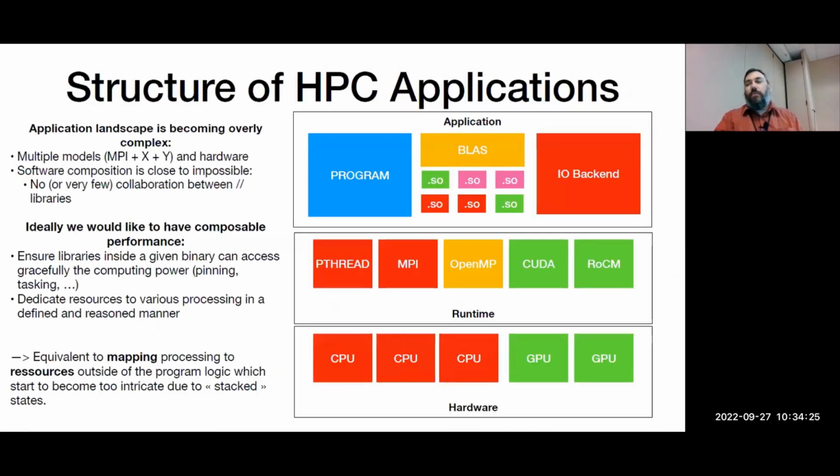When you program applications nowadays, you will use multiple models. So most of the time it will be MPI plus X plus Y, and even other programming languages, because you will need threads and you will need something to tackle your accelerators.